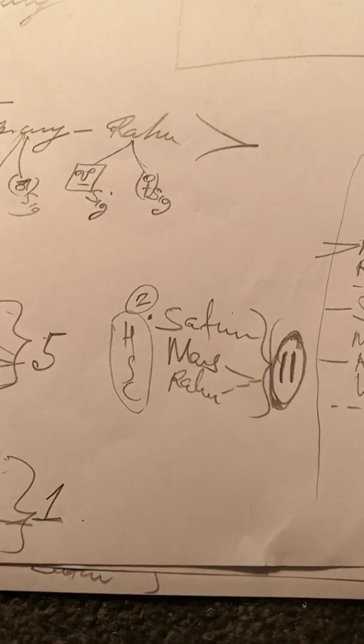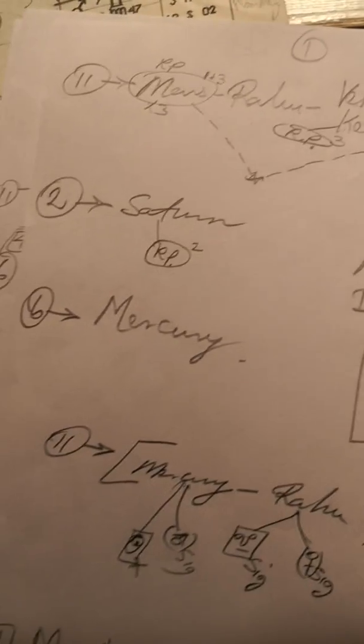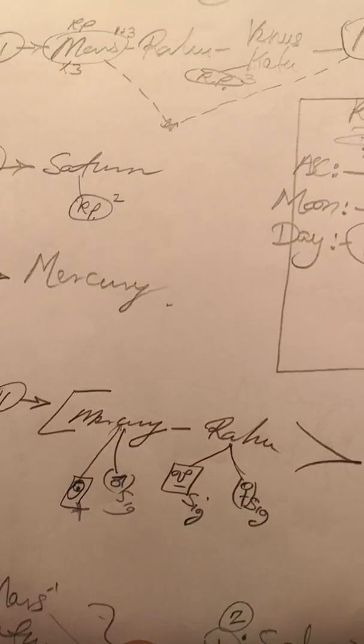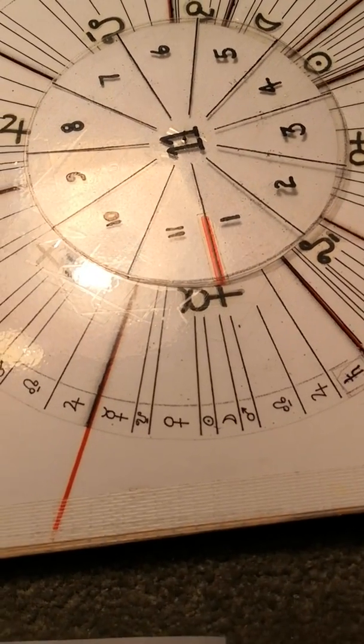The second combination is Saturn, Mars, Rahu. And the third combination is Ketu, Mars, Rahu. So that is with the standard Mercury and Rahu fixing on the nakshatra dial. See Mercury and Rahu there.